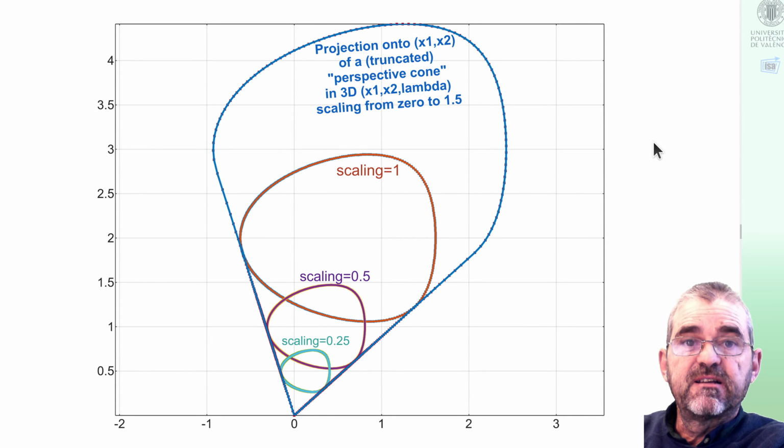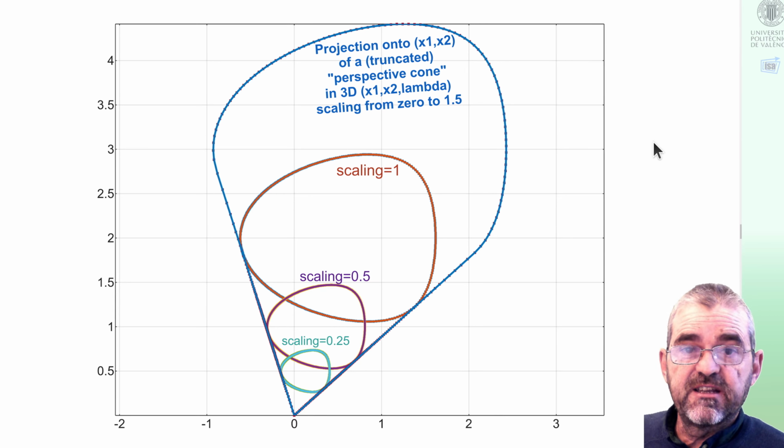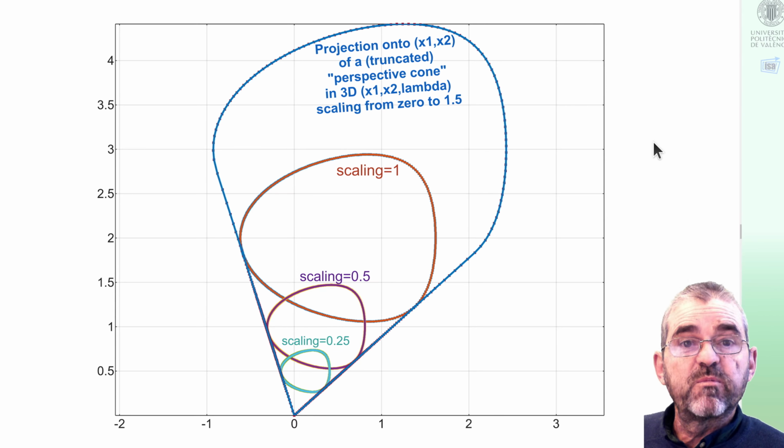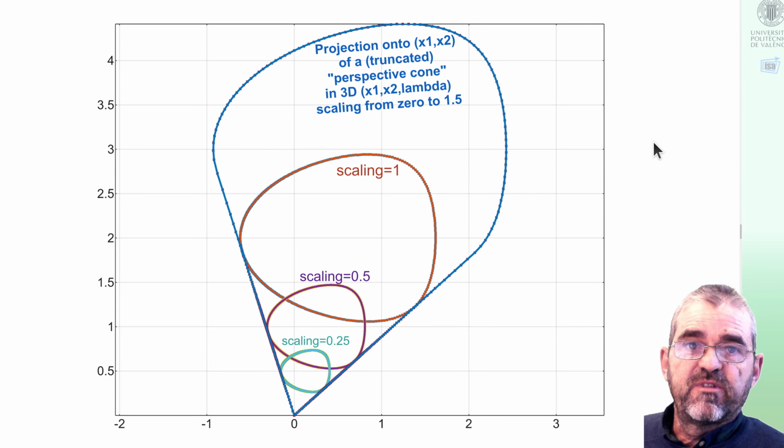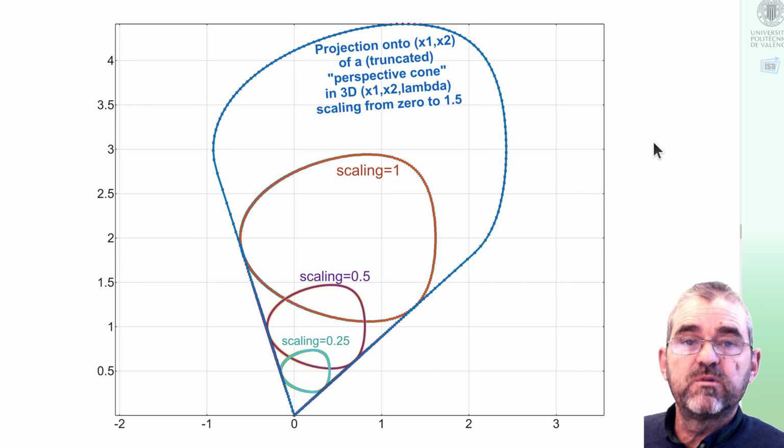So the original egg size 1 is in red, I have two smaller scalings, and then I have the union of all scalings from 0 to 1.5. So the blue thing is like the projection of a 3D cone, being lambda the height of the projection screen. So good.